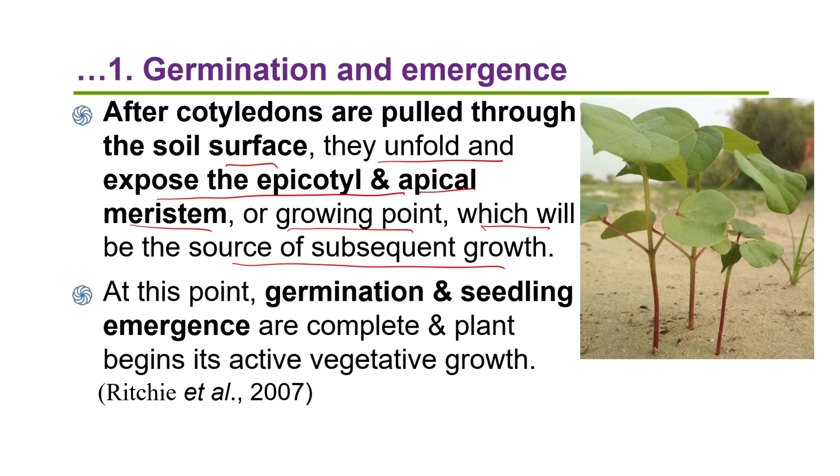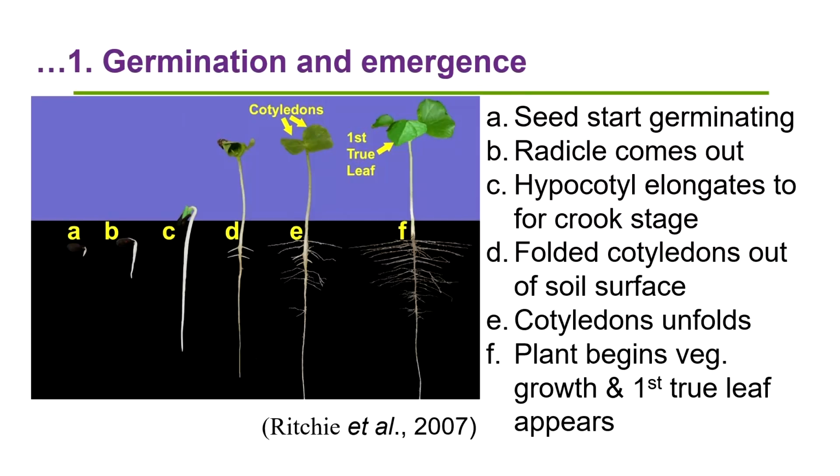At this point, germination and seedling emergence are complete and the plant begins its active vegetative growth. Active vegetative growth means it will start branching, produce primary branches, secondary branches, or sometimes even tertiary branches, and each branch will carry a certain number of leaves. Now you can see this germination and seedling emergence.